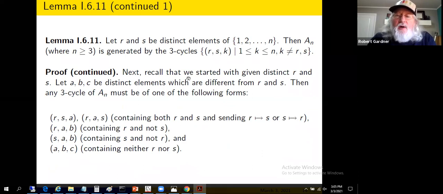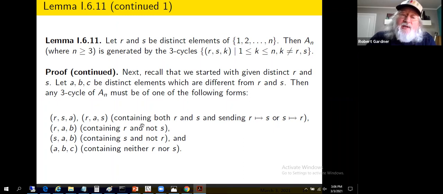Okay, so recall that we started with a given distinct R and S. Yeah, R and S are given. So let A, B, and C be distinct elements, distinct from each other and from R and S. Then any 3-cycle of A sub n has to fall into one of the following categories. And we'll deal with these various cases throughout the proof of this theorem 10 ultimately. We get a 3-cycle of the form (R S A) or (R A S).